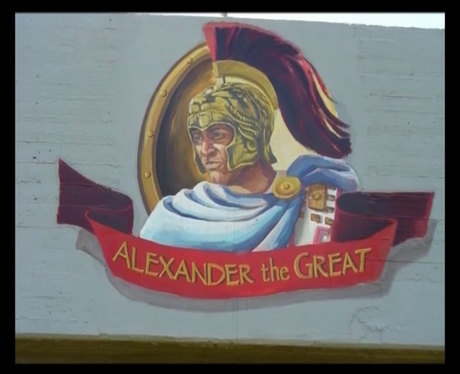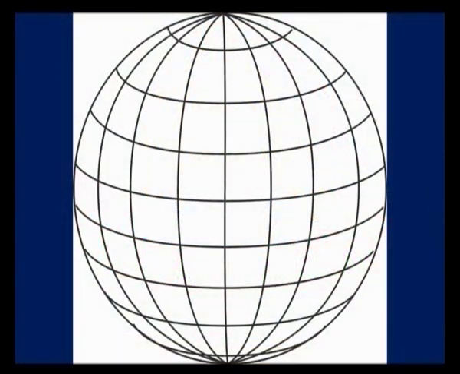The Greeks tried to make these maps more accurate by drawing latitudes and longitudes.